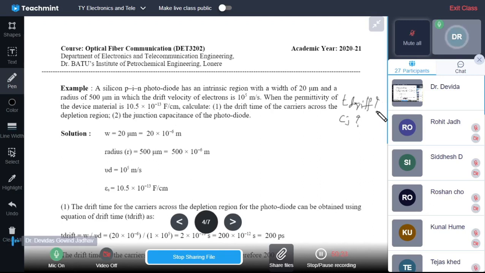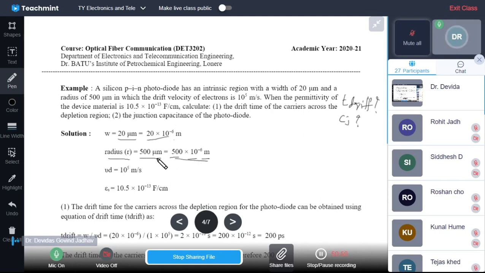So what is given? W is 20 micrometer, the width of the depletion region, means 20 × 10 raised to minus 6 meters. Micro can be replaced by 10 raised to minus 6. Radius R is 500 micrometer, so 500 × 10 raised to minus 6 meter.